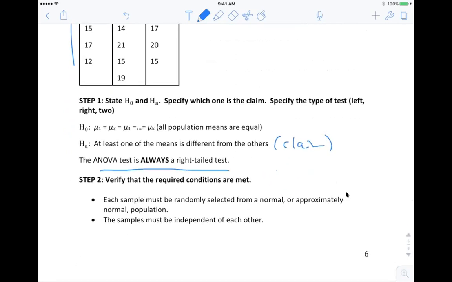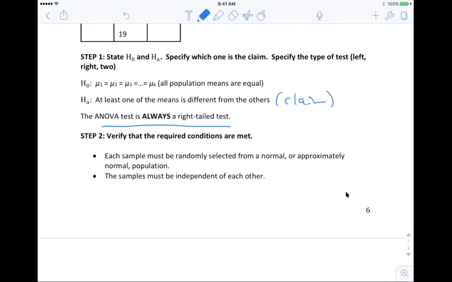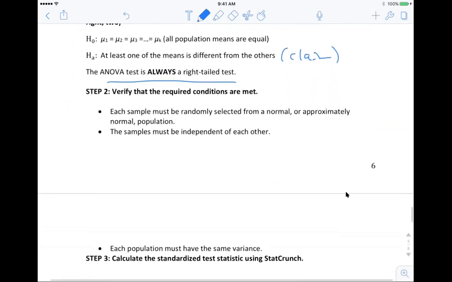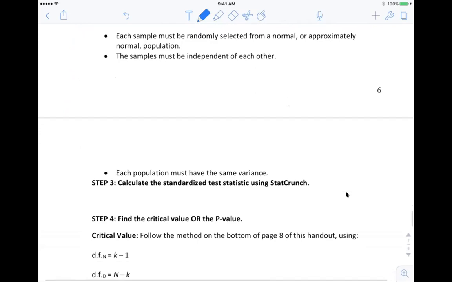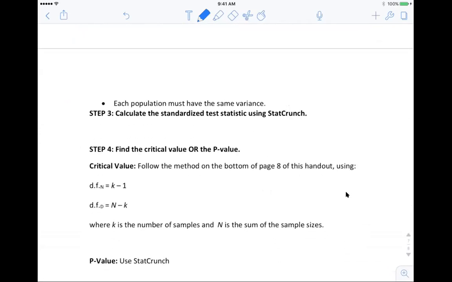ANOVA is always a right-tailed test, so that makes finding critical values pretty easy. Just use that table. Conditions are just some standard stuff, independent samples, random, etc. Populations have the same variance.